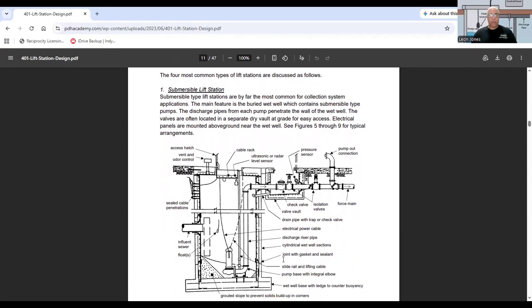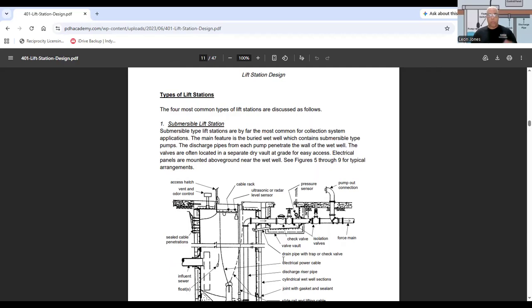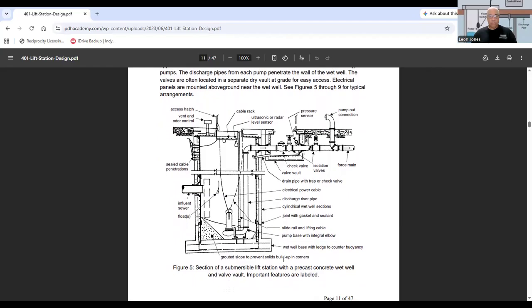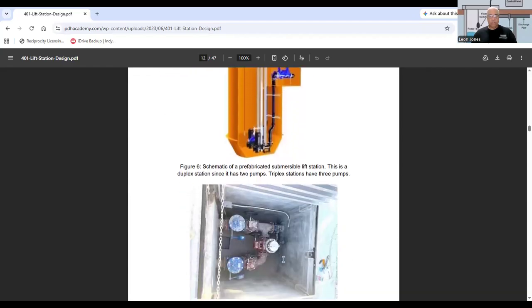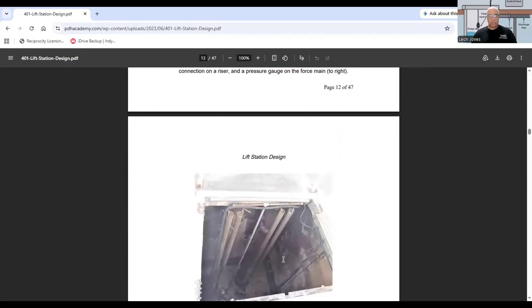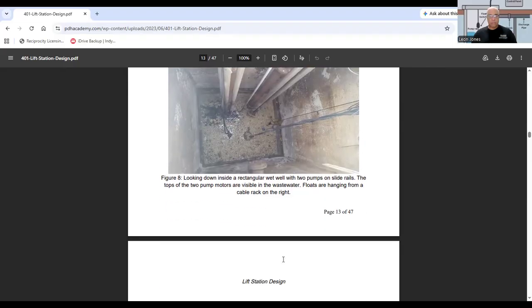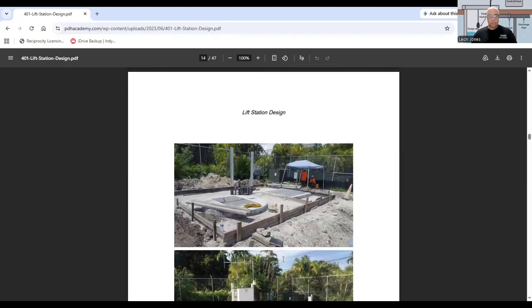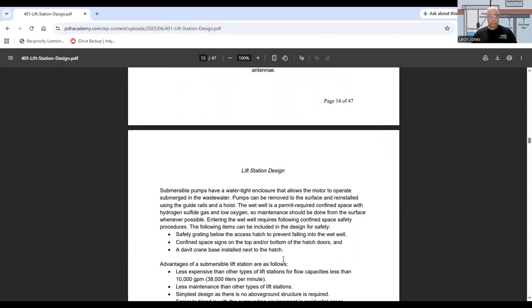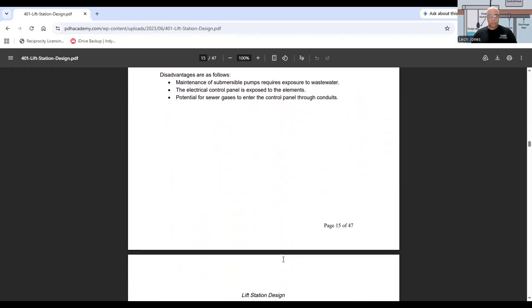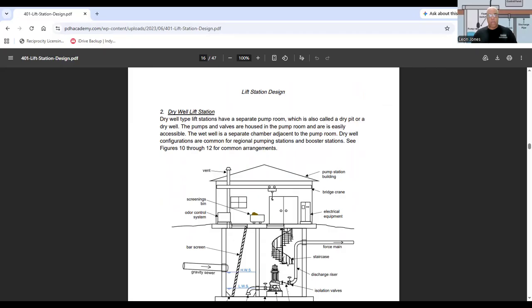You also have the types of lift stations. So the most common types of lift stations: number one, you have your submersible lift station. Two, you have your dry well lift station.